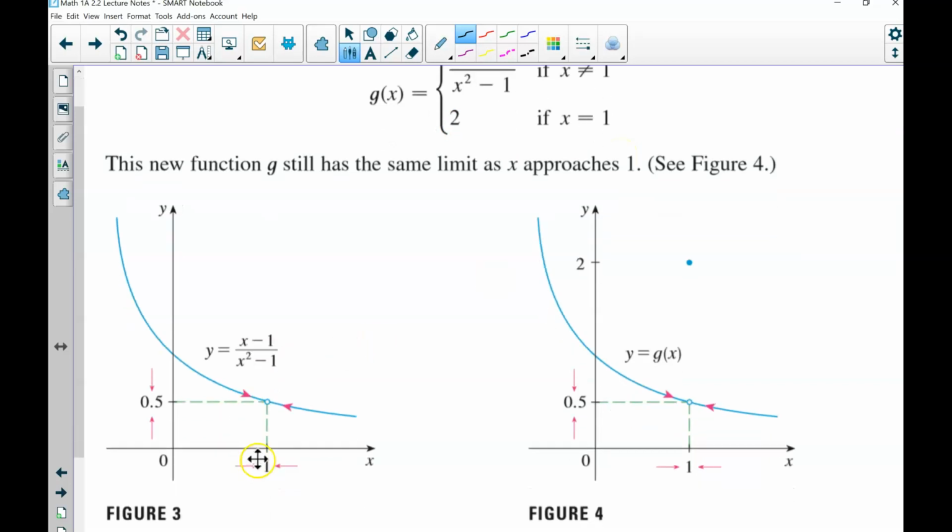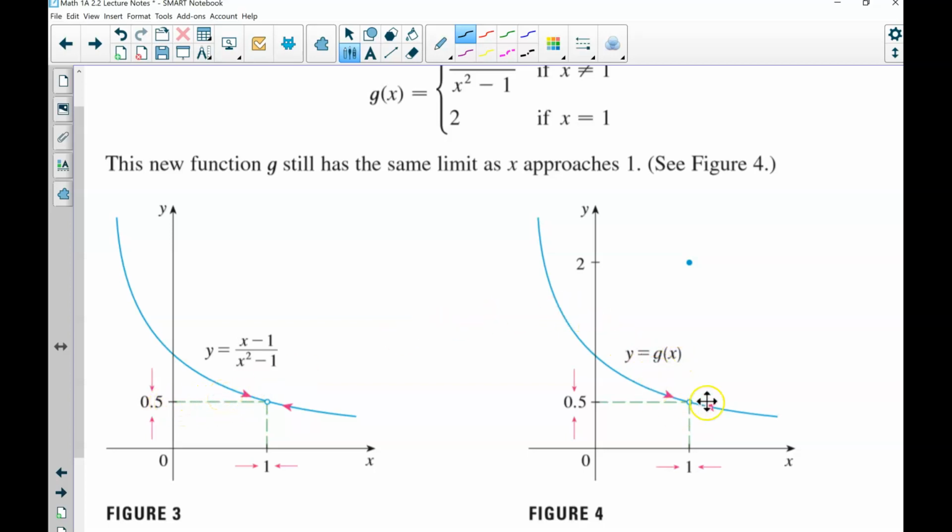So if you look over here, the new function g still has the same limit as x approaches 1. You can see here that as x approaches 1 on the right side, and as it approaches 1 on the left side, the limit is still 0.5.